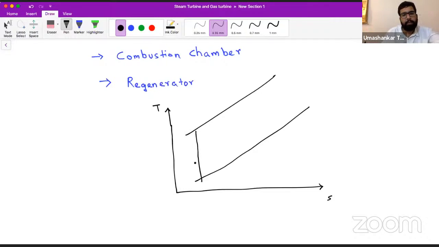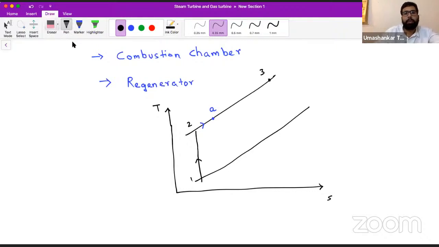In ideal condition, we have this 1 to 2. Then if a regenerator is there, it will go to this point A somewhat, and then it will go to this point 3. Now forget that 4.